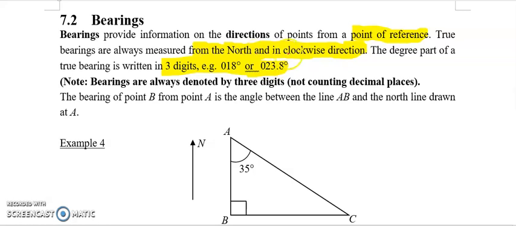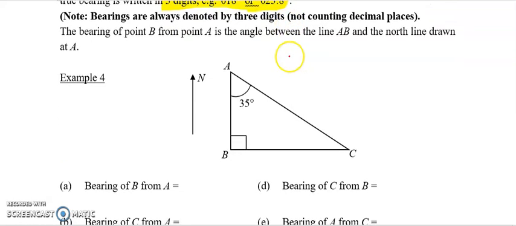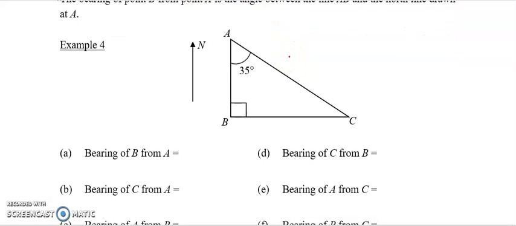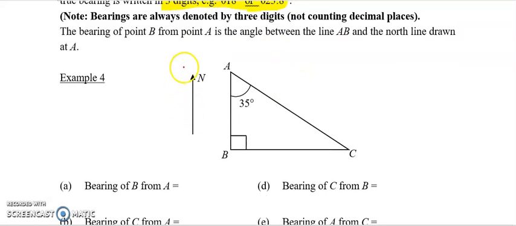So we can look at example 4. In a question regarding bearings, you will always be given the north arrow to indicate where north is with respect to the diagram.